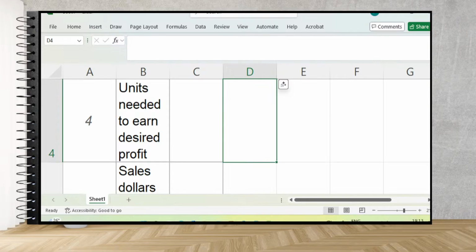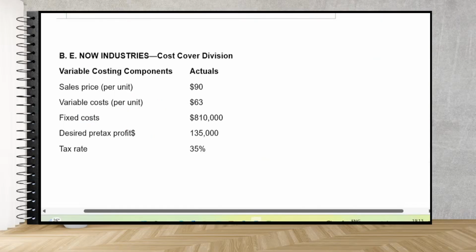Then units needed to earn desired profit. Okay, so what is the expected profit? Desired pre-tax profit. Okay, so desired pre-tax profit. So what we need to do here? Anyone can guess? Do we need to give the tax impact or what?